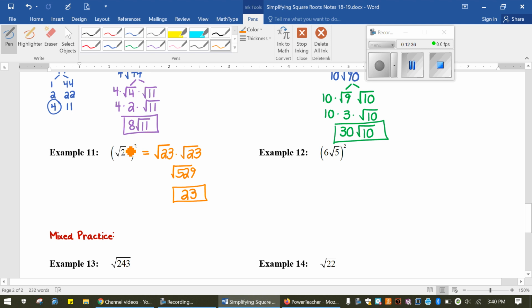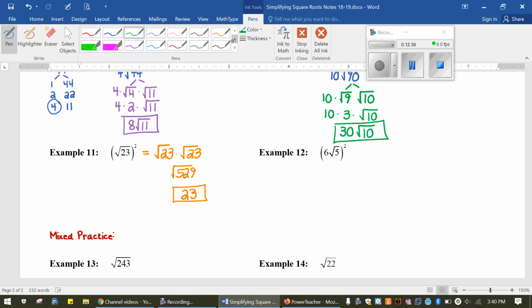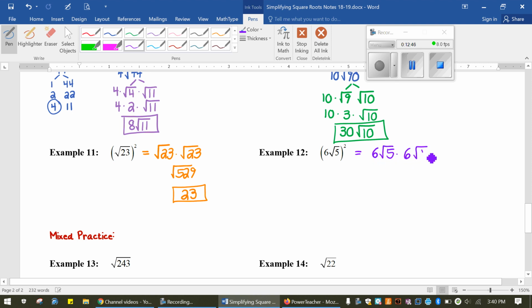But this is the explanation as to why the square is canceling the square root. All right, if we look at number 12, this is going to be 6 root 5 times 6 root 5, which will give us 36 times the square root of 25. Square root of 25 is 5. Multiplied by that 36 is 180.